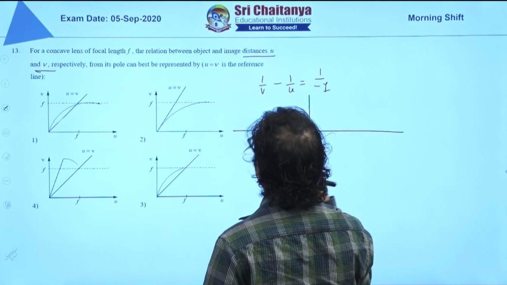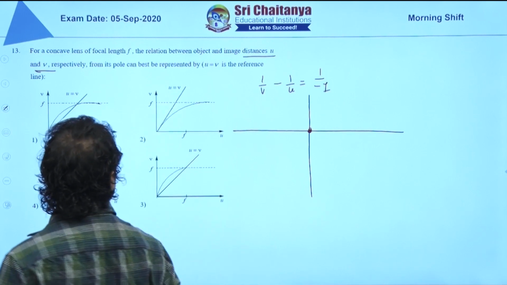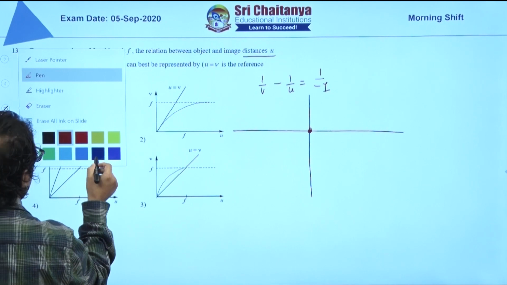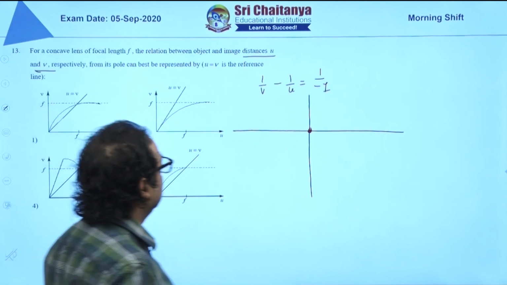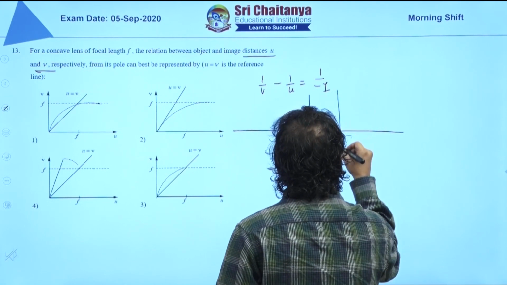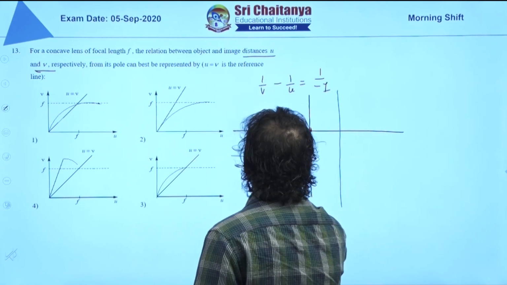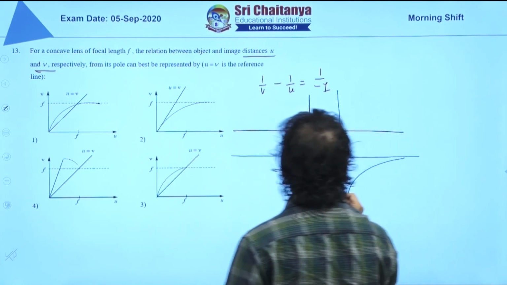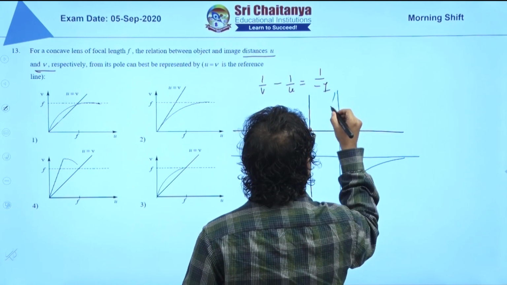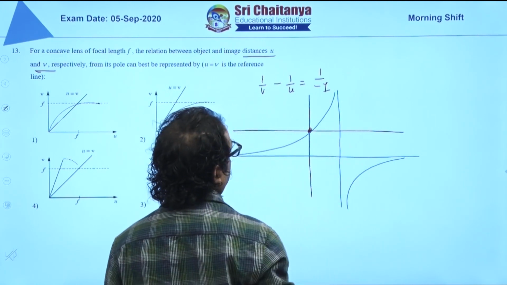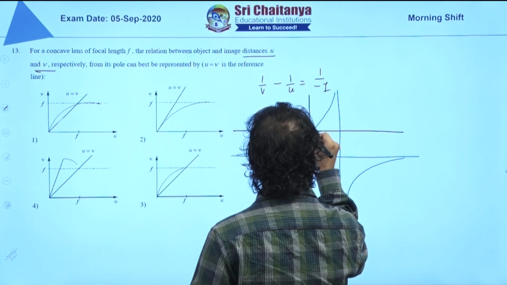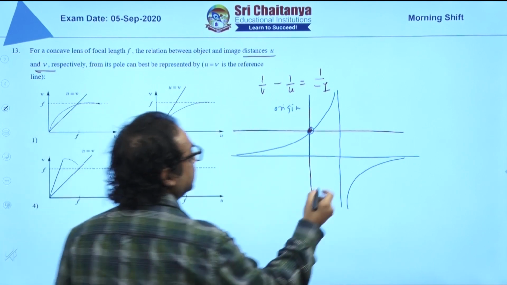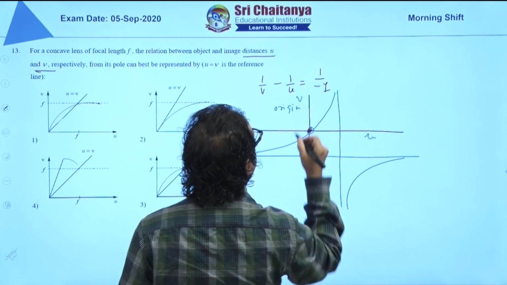This is your origin, and these are your two asymptotes, and the graph comes like this and like this. This is the graph. The x axis is u and this one is v.